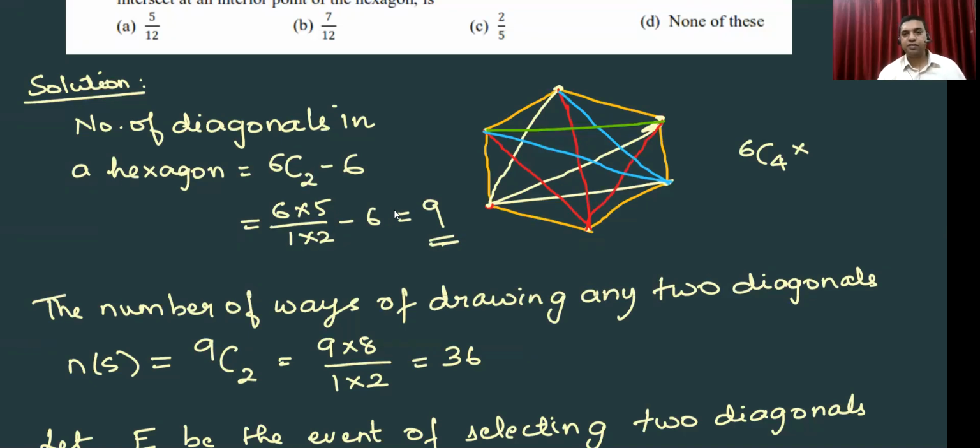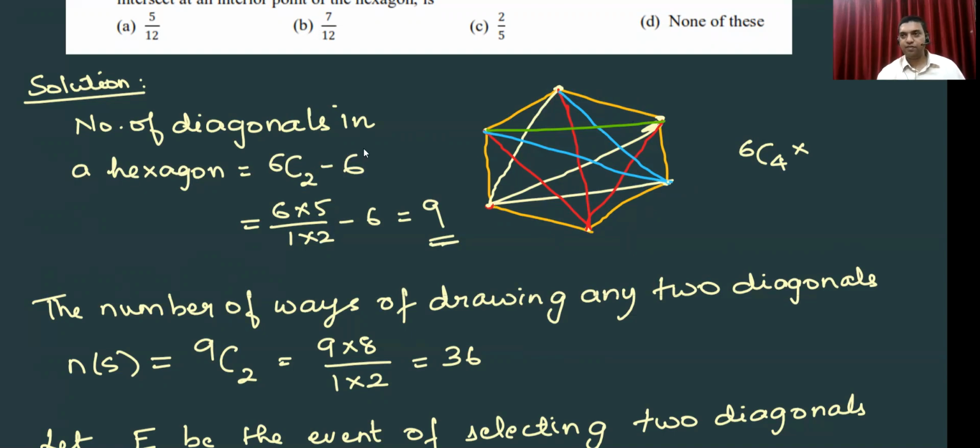No, there may be many ways. Suppose you take the case 1, 2, 3, 4. In this case you have to subtract 3 if they are adjacent. Now, if they are 1, 2, 3, and 4, then you will have to subtract 2.